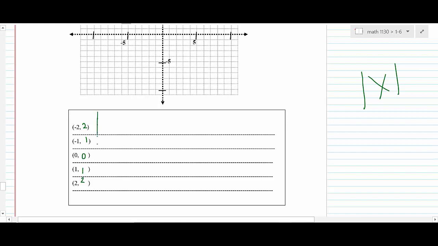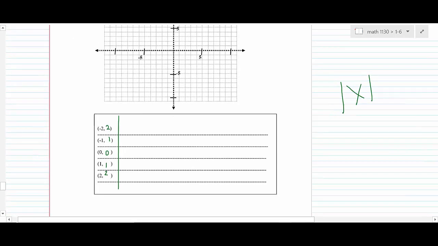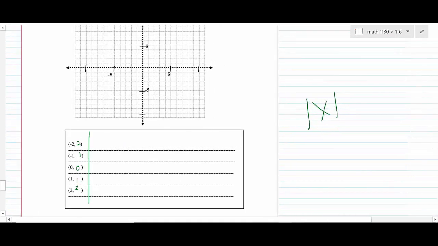Again, we're just going to do transformations. Go ahead and plot those points on your graph, and we'll label that as the elementary function. So that's y equals the absolute value of x.